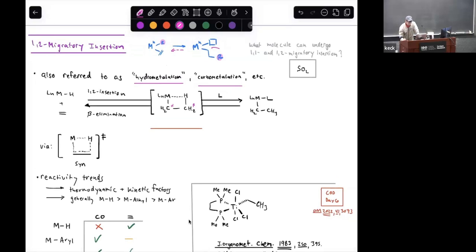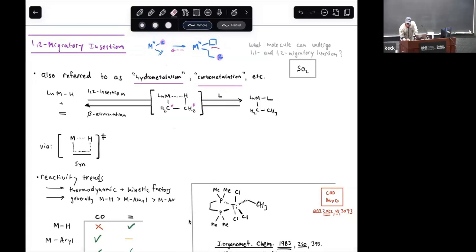So let's walk through this step with hydride as a representative case study. Initially, we're going to coordinate the metal hydride to the olefin.